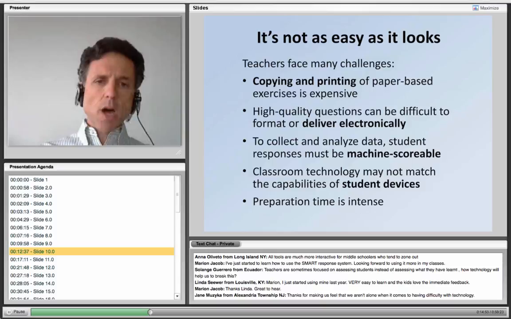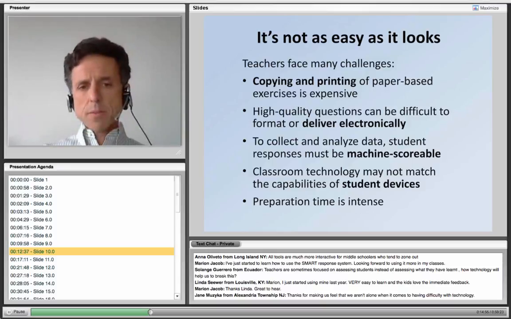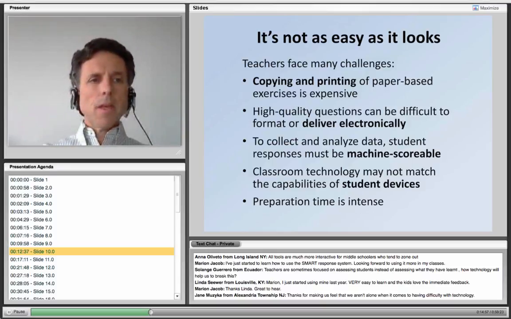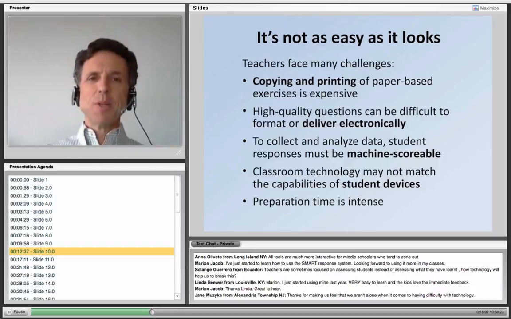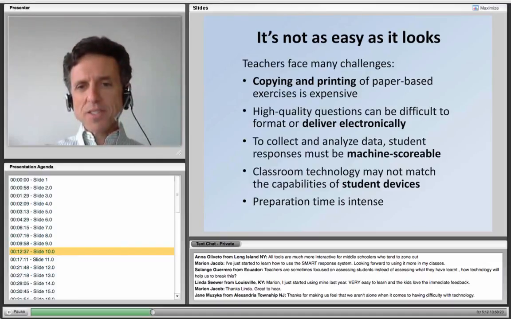One of the remaining problems with real-time formative assessment, the name that I'm giving it, is that the machine, the device, the tablet, the phone, not only has to accept the answer, but then it has to deliver it to some kind of scoring and reporting software that can interpret the answer.